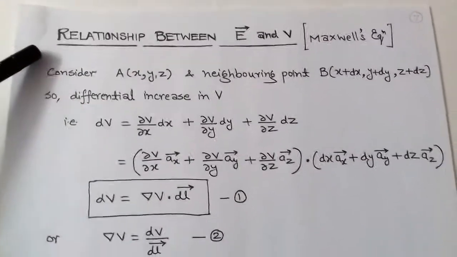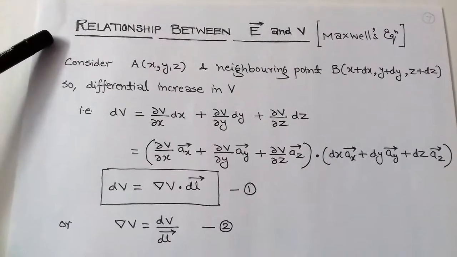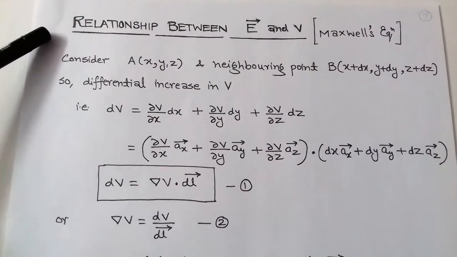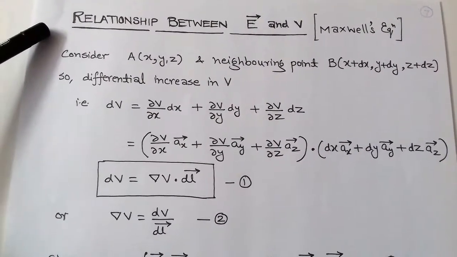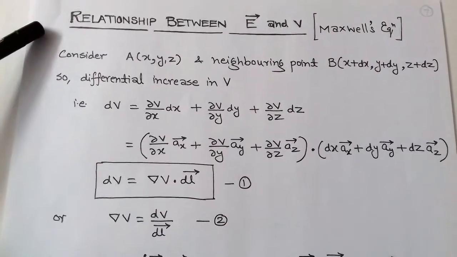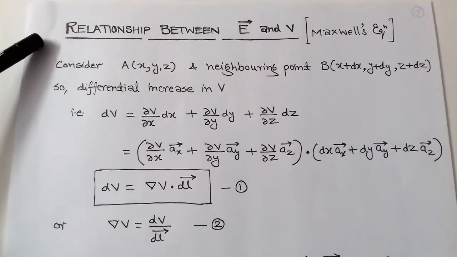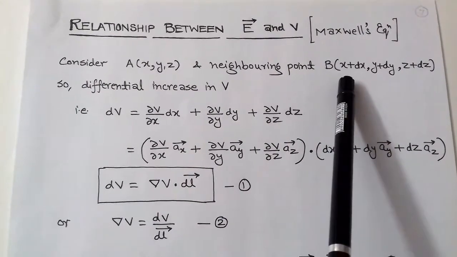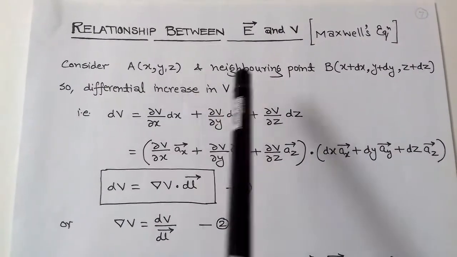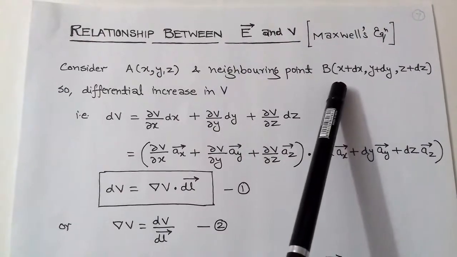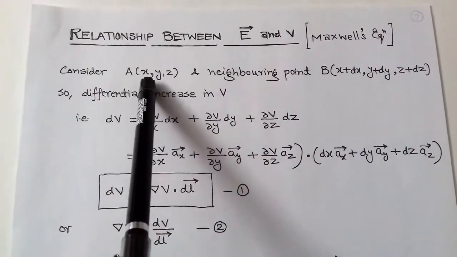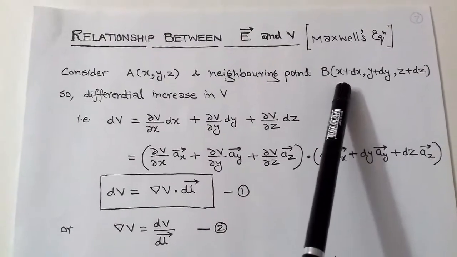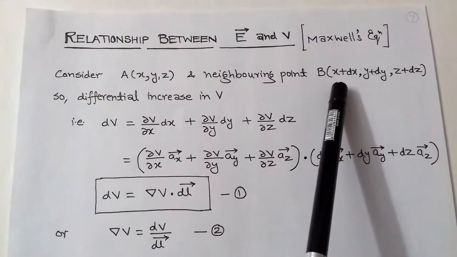Now the relationship between the electric field E and potential V, and here we get Maxwell's equation. To get this relationship we consider a point A and a neighboring point B, and here we take a Cartesian coordinate system.